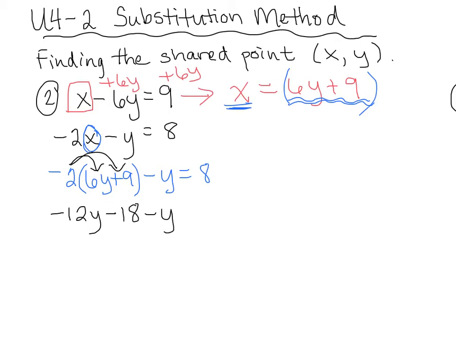Bring down the minus y equals 8. We combine like terms. I've got that negative 12y and the negative y. Remember, that's like a negative 1y, so I've got negative 13y minus 18 equals 8. We finish this off by adding 18 to the other side.